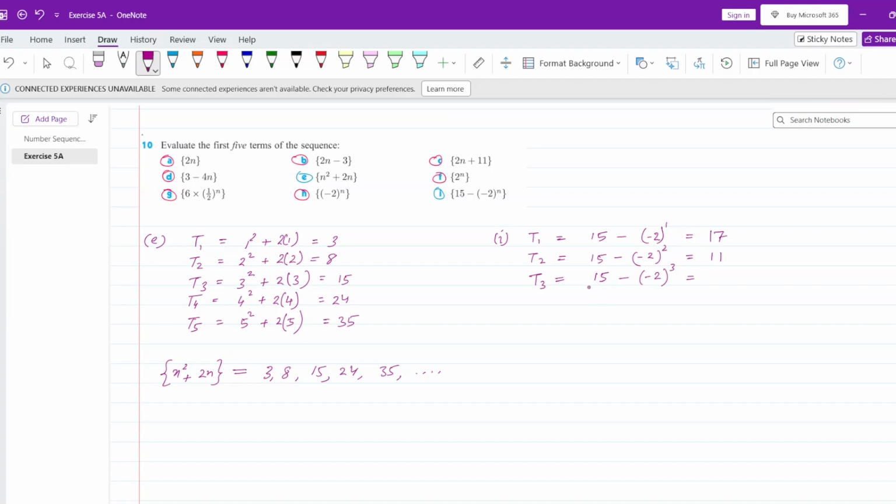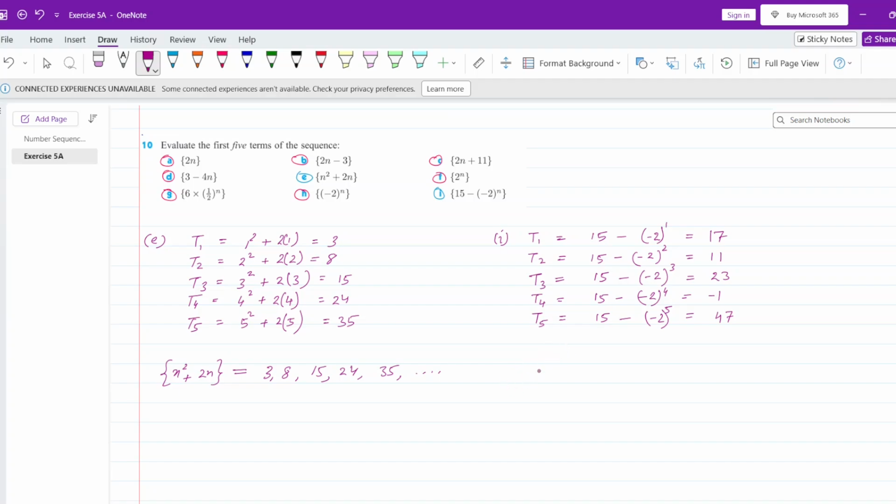This is going to be 15 plus 8, 23. T4, 15 minus negative 2 raised to the power 4. So this whole term is going to be 16. 15 minus 16 is negative 1. T5, 15 minus negative 2 raised to the power 5. Negative 2 raised to the power 5 is negative 32. And 15 minus negative 32 is going to be 15 plus 32. That is 47.